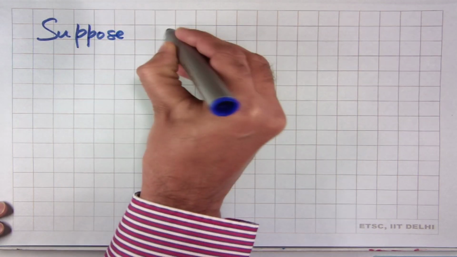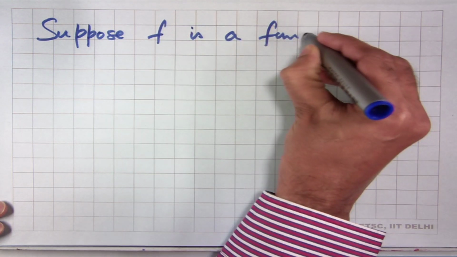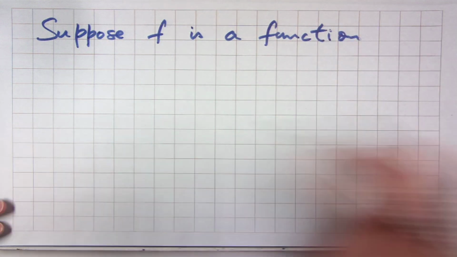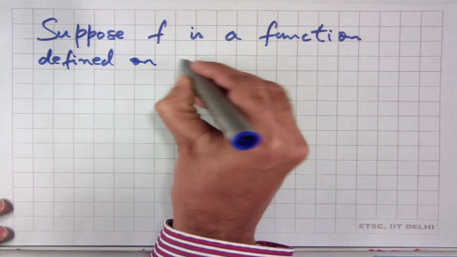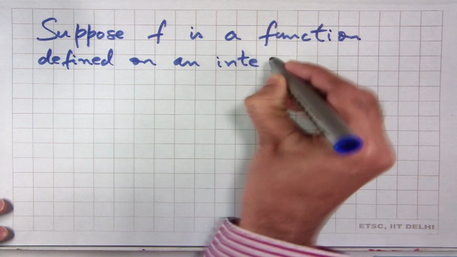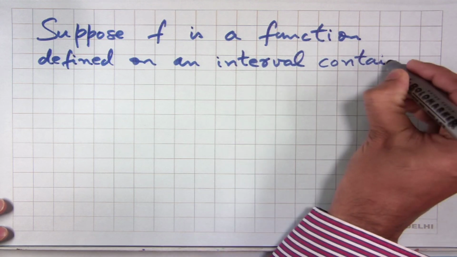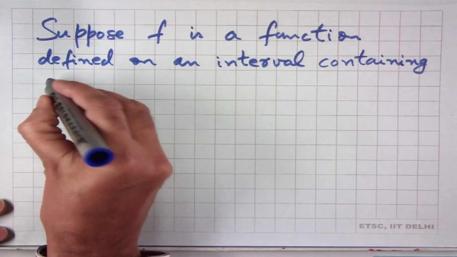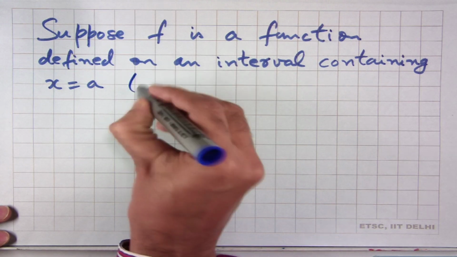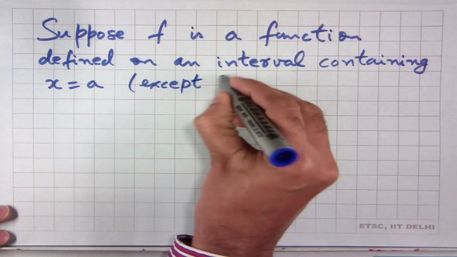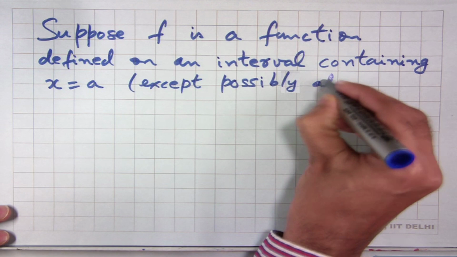So, suppose f is a function defined on an interval containing x equal to a, except possibly at x equal to a.